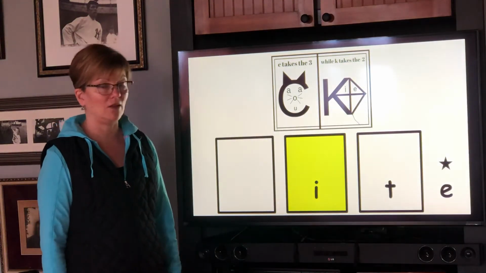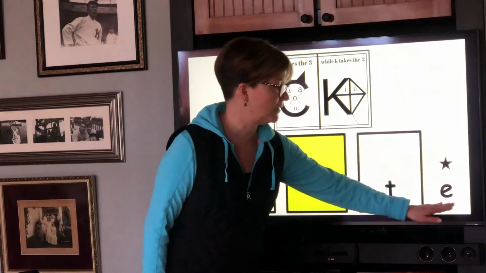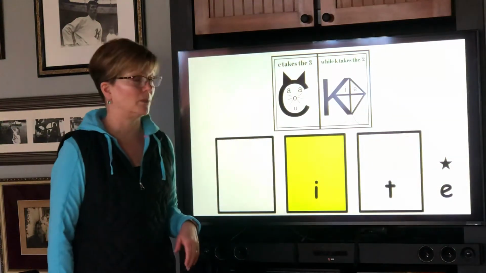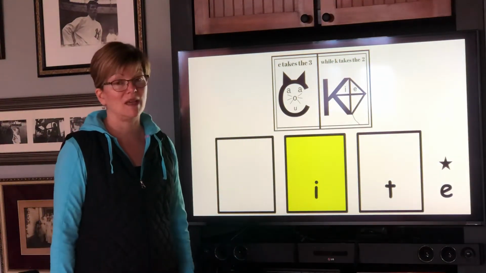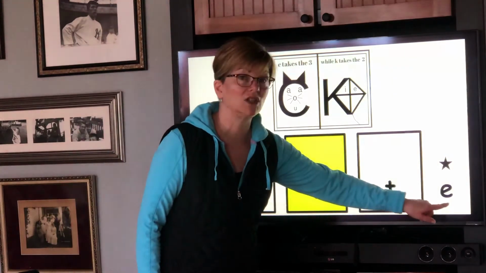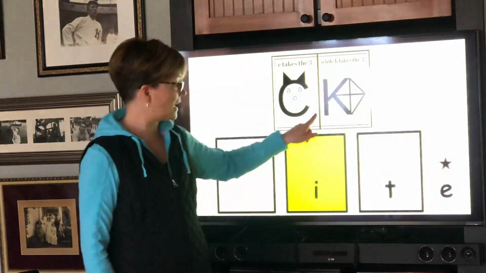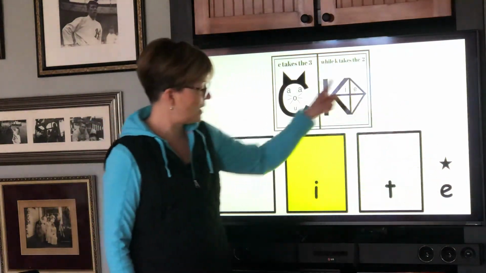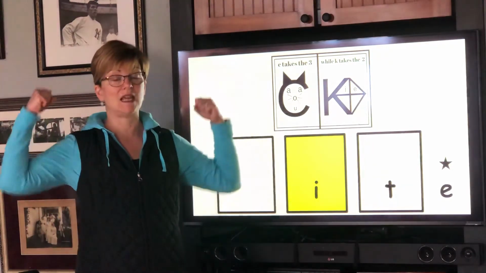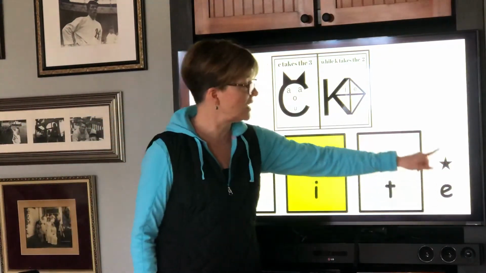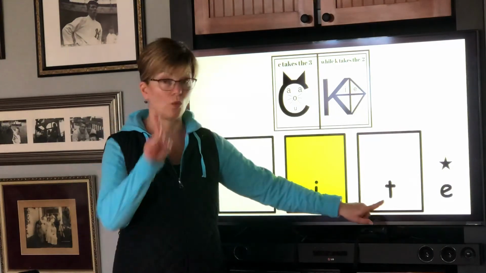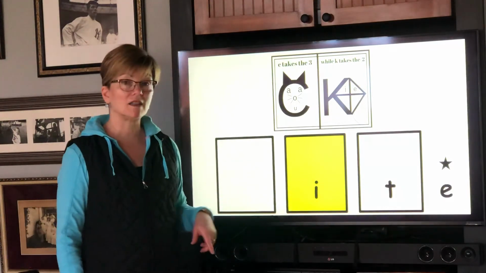Oh, Mrs. Borton gave you a tricky one. At the very end of this word, and notice it's not in a box because it does not make a sound, but it's that tricky magic E that comes back. It comes back and makes this I say its name. This magic E has the power to jump back over one letter and make this vowel say its name.